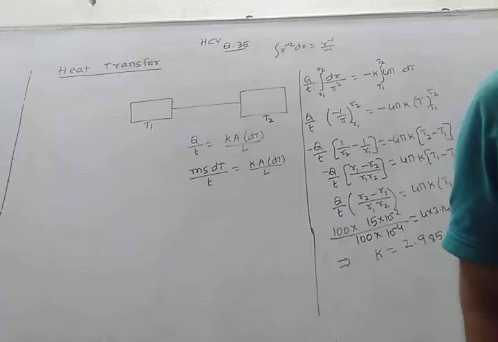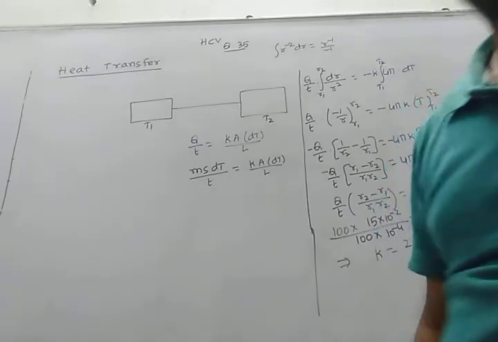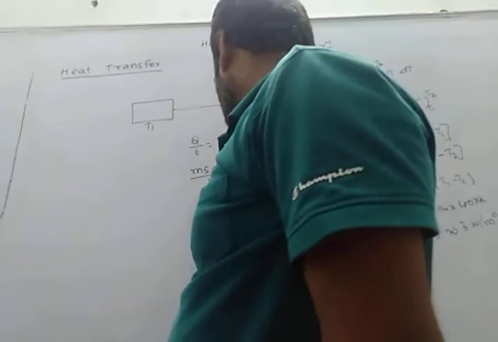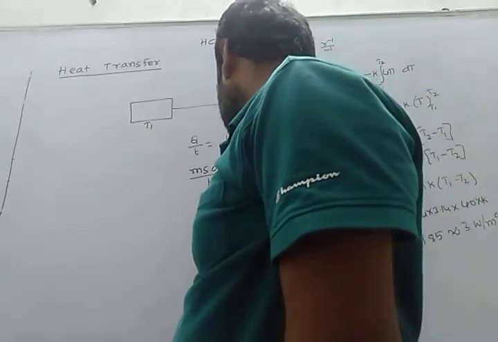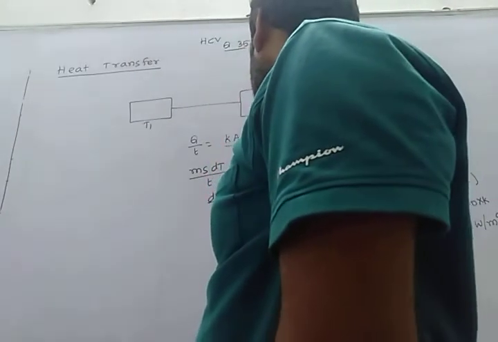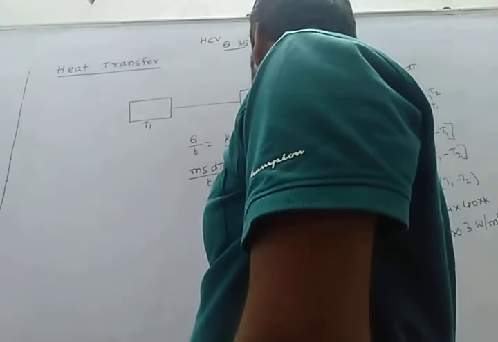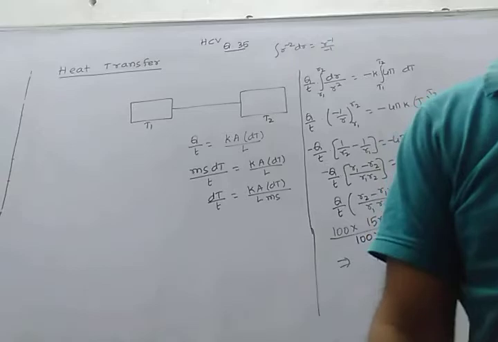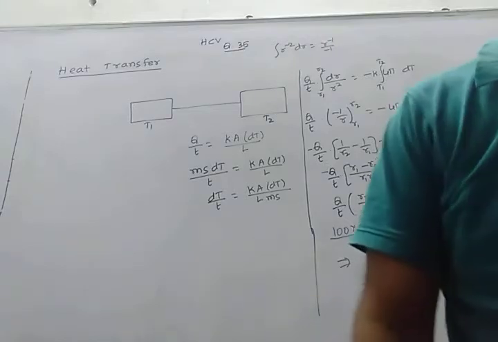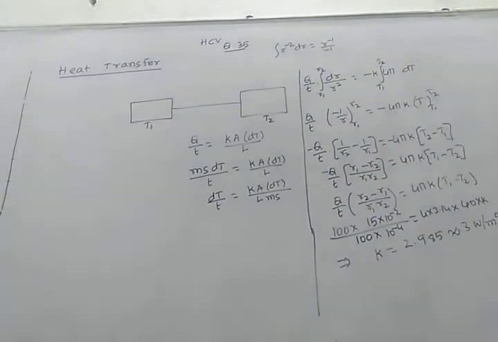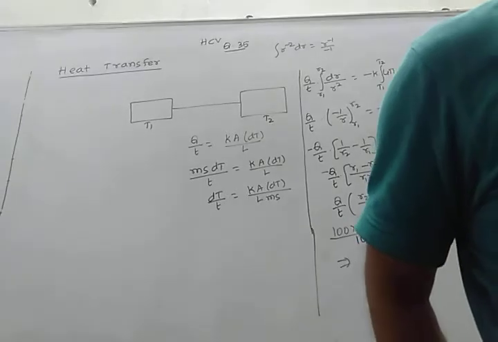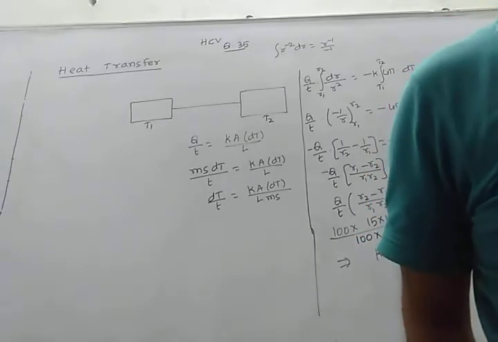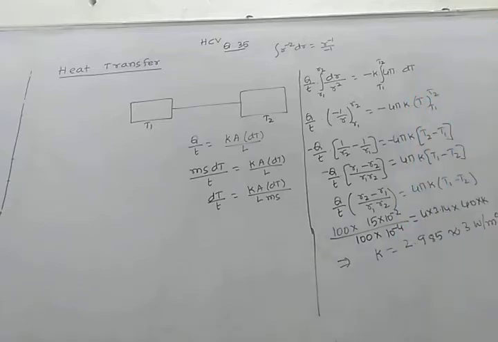Now we can write dt by t is equal to Ka into dt by L into ms, that is the rise in temperature per unit time. Now what will be the rise in temperature?